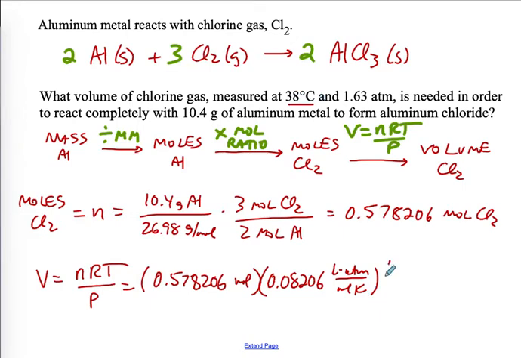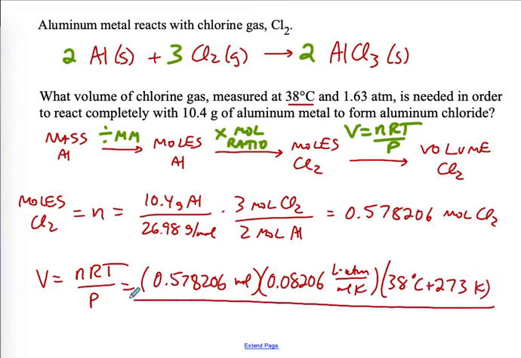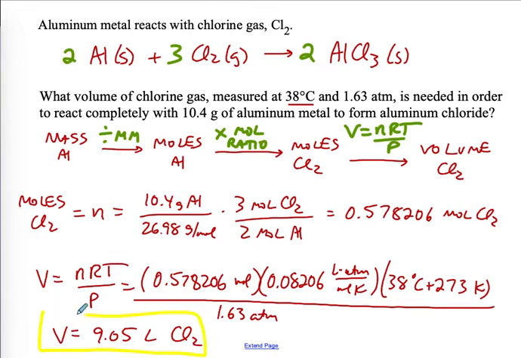What do I have to do? I'm just going to take 38 degrees Celsius and add 273 to that to give me temperature in Kelvin. Divide that by the pressure of 1.63 atmospheres, and that tells me that I need a volume of 9.05 liters of chlorine gas at the specified temperature and pressure to react with 10.4 grams of aluminum.